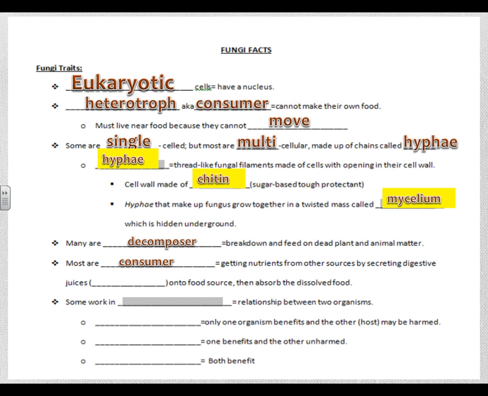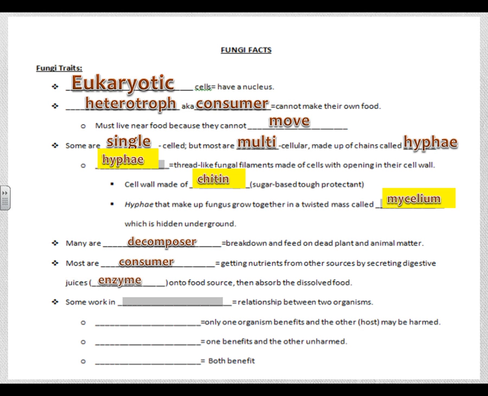What they do is they secrete these juices onto their food, kind of like our body on the inside secretes these juices, and they're called enzymes. And those enzymes in our body help us to break down and digest food. Same thing with the fungi. Those enzymes help the fungi to absorb and digest the food or dissolve it.